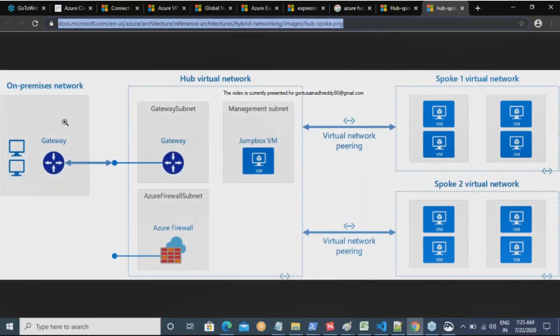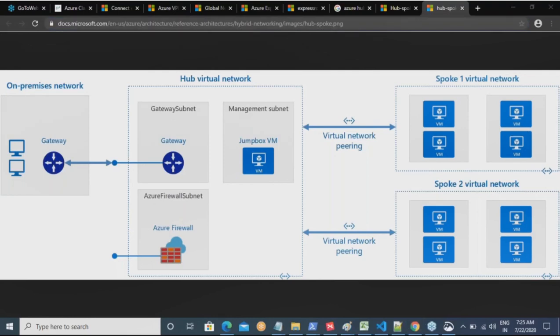Am I clear on this? So if you are connecting on-premises to the ExpressRoute gateway, ExpressRoute will have the gateway, and from the gateway you can connect to multiple virtual networks, right?